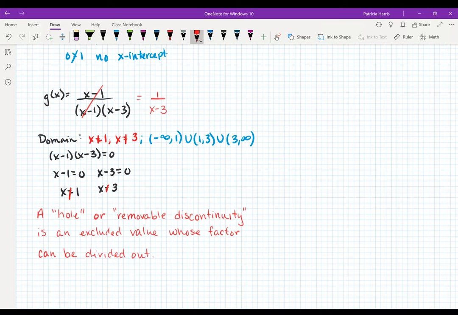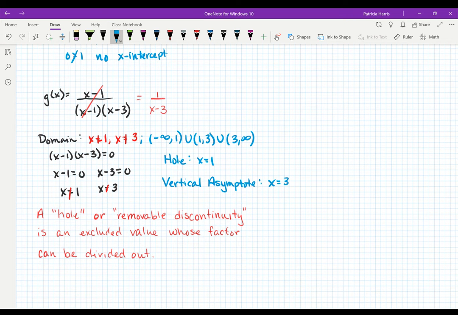We're going to talk about graphing now when we get there. So our hole happens at x equals 1, and then we have a vertical asymptote happening at x equals 3, just like our first example.